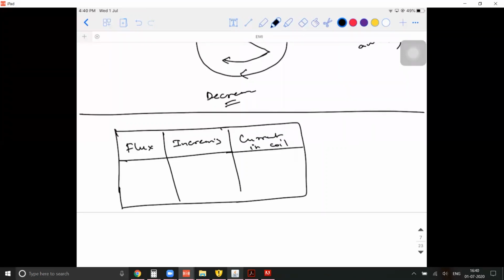If the flux is increasing by moving the North Pole towards the coil, it should behave like a North Pole, so the current will be anti-clockwise. If the South Pole is moved towards, the current will be clockwise. As simple as that.